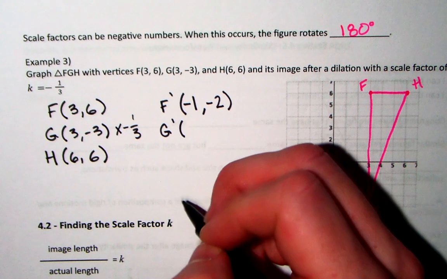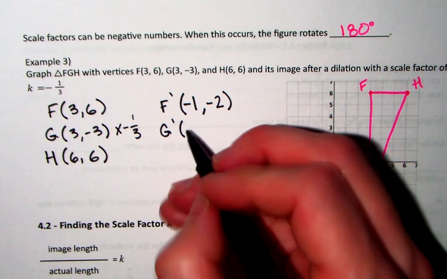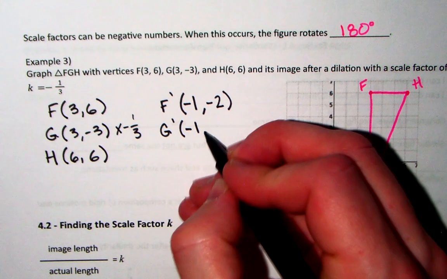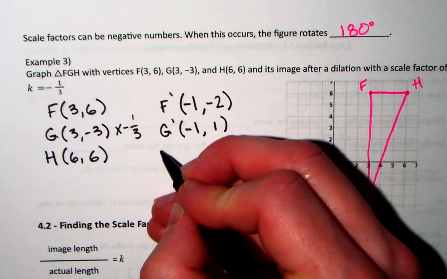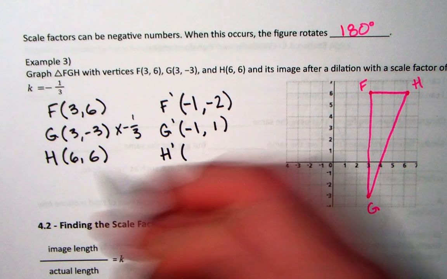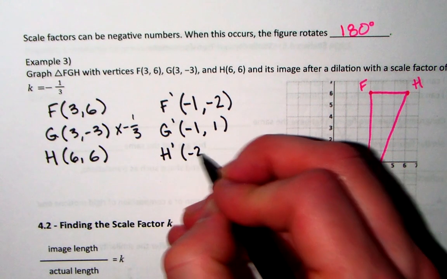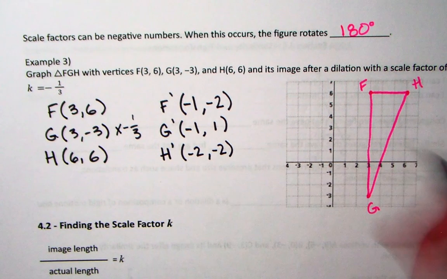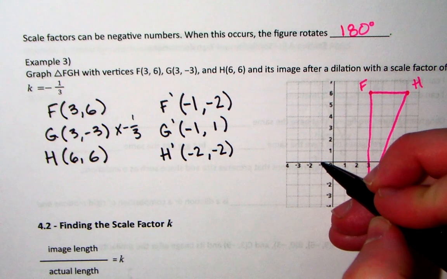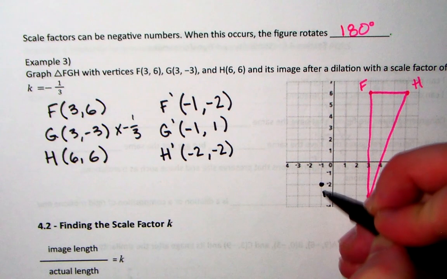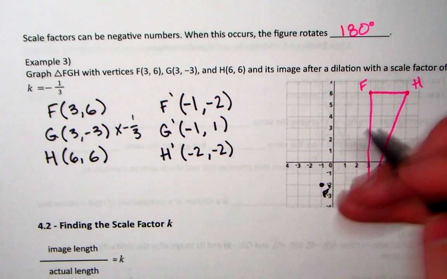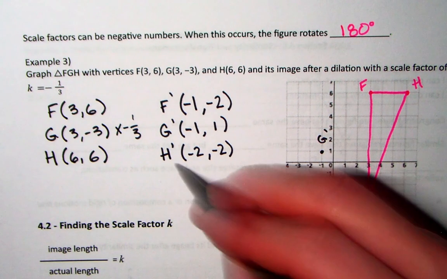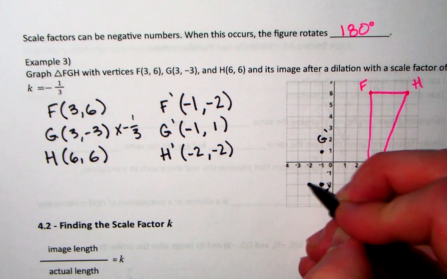G prime: 3 divided by -3 is -1, and -3 divided by -3 gives us +1. And H prime, 6 divided by -3 is -2, another -2. So F prime is located at -1, -2. G prime is at -1, 1. H prime is at -2, -2.